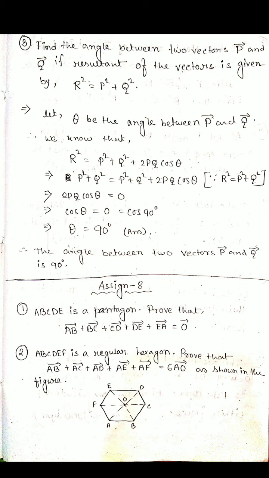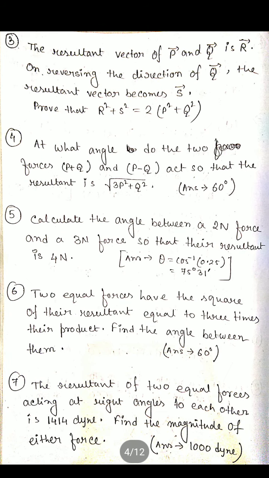Okay, so here I will give some assignment numericals. Try to solve them at home. If you have any problem, please write in the comment box that this numerical I have a problem, so in the next video I will solve that problem. Here 7 numericals are there, this is 2 and these are the other 5, and I will write the answers also.